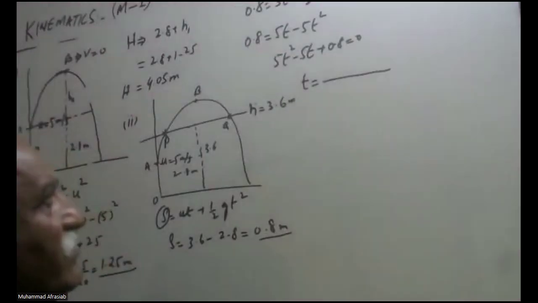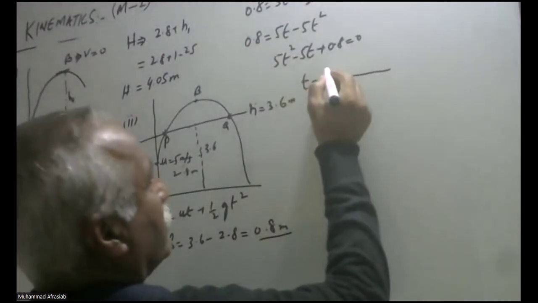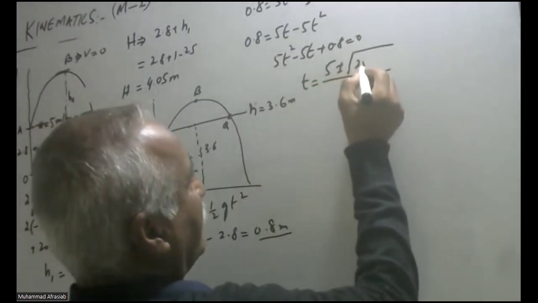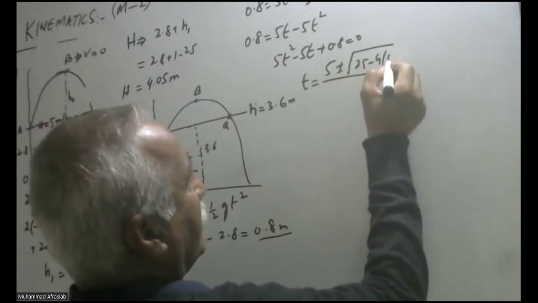This is a quadratic equation and we can apply the quadratic formula here. So you will get 2 times. t is equal to 5 plus or minus the square root of 25 minus 4 into 5 into 0.8, over 2 into 5.